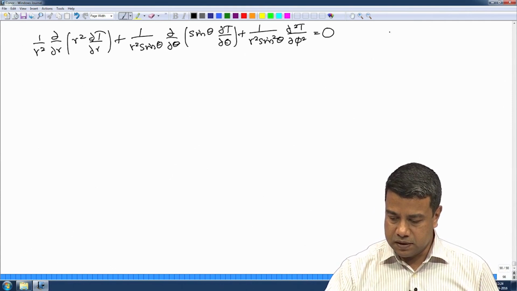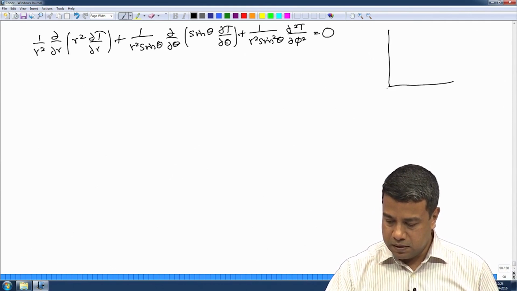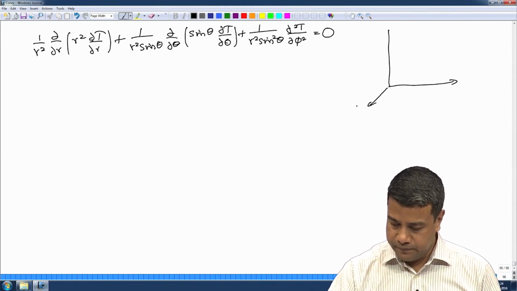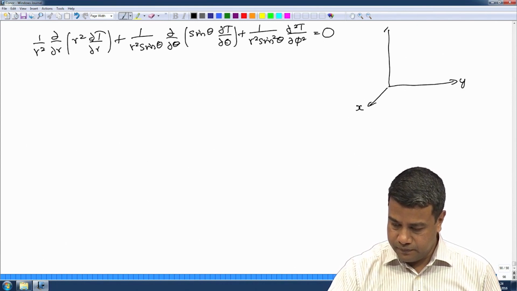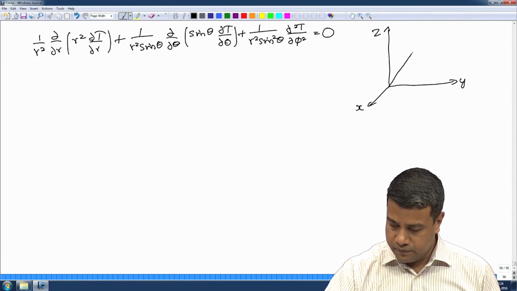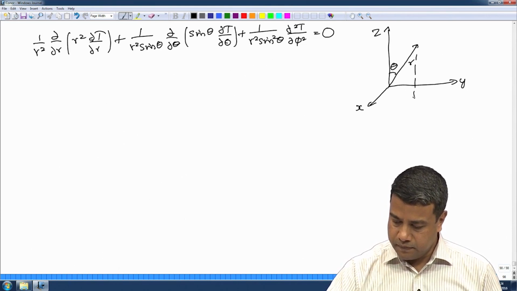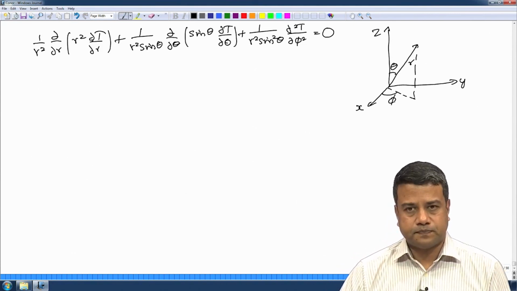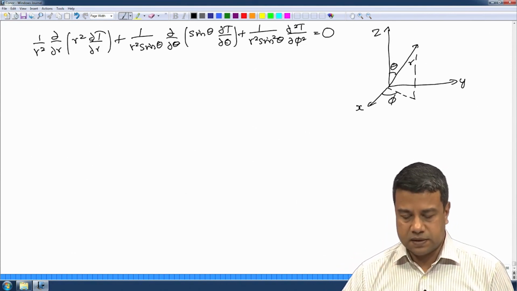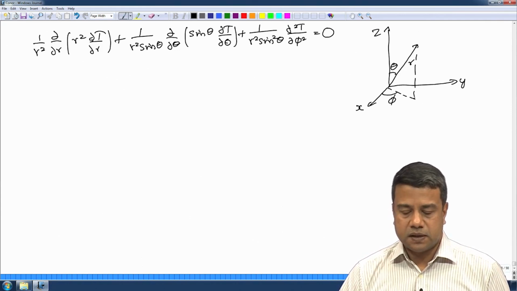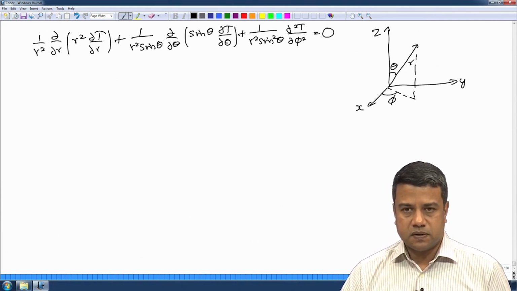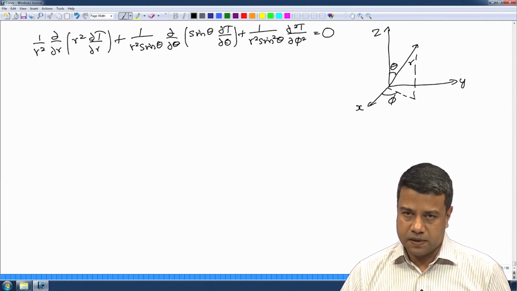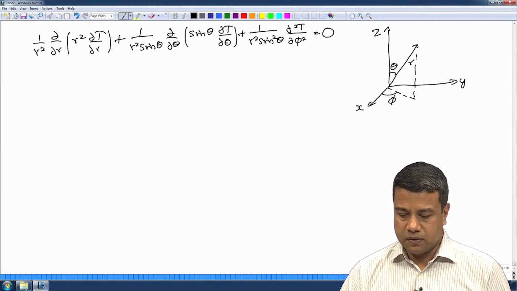So, that was the original equation. And that was the coordinate system. For any general coordinate system, what I would do is to write down the temperature using separation of variables. How do I go about doing that?